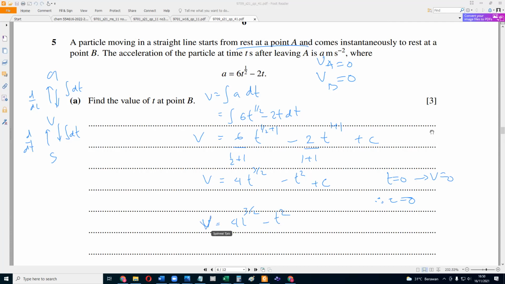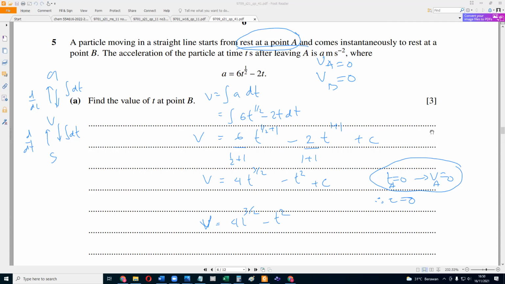Here, they say from rest at point A. Rest means the velocity is 0. At position A, the time has just started, so the time is 0, and the velocity is also 0 because it's at rest.